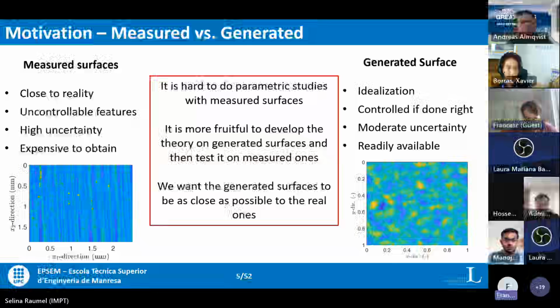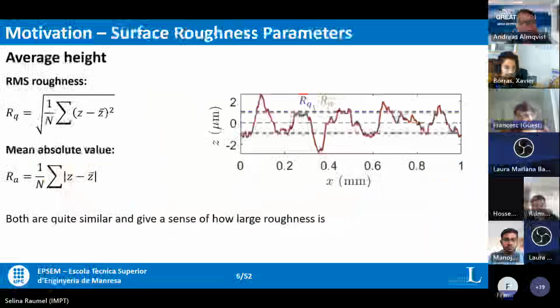So let me try to explain it. We talk about how we describe a surface, especially in an industrial setting. The most common parameter used is either RQ or RA.